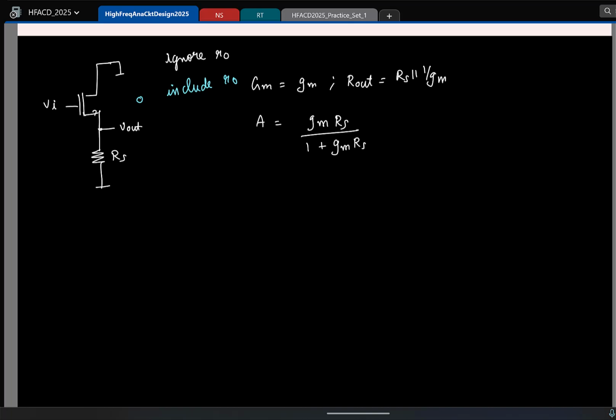So I can redraw it like this. It is as though instead of Rs, I have Rs in parallel with R naught. Is this okay? So will there be a parallel to 1 by Gm term? Yeah, of course. Rs parallel R naught parallel 1 by Gm, right? So what I was saying is in this expression, wherever you see Rs, you replace it with Rs parallel with R naught.